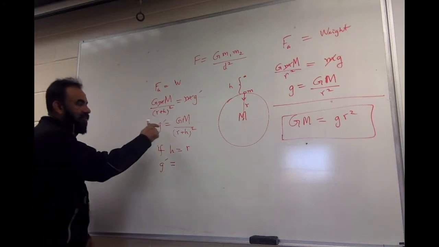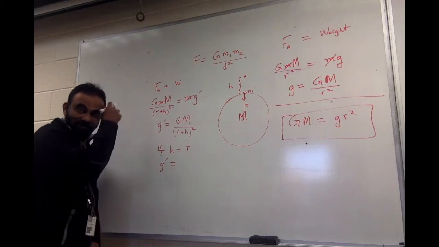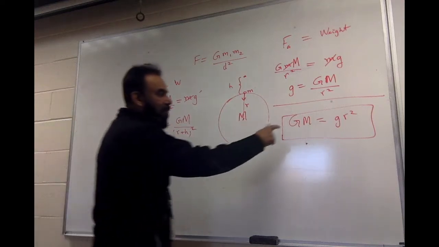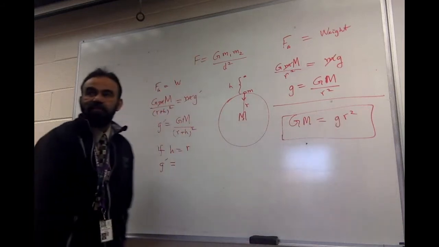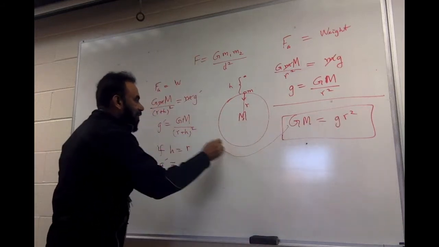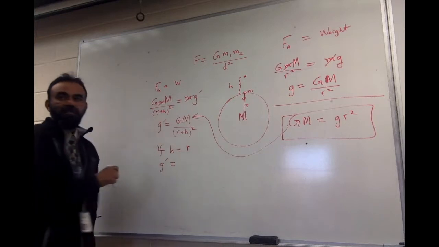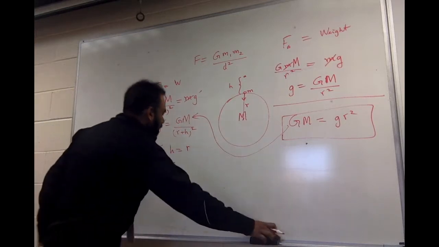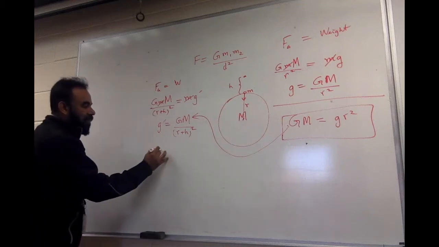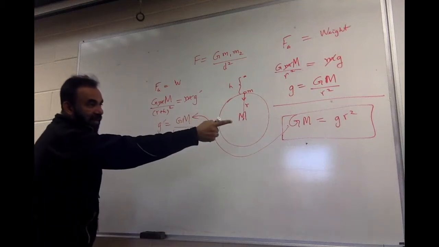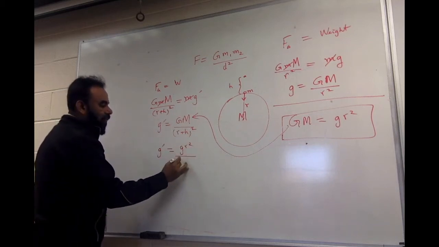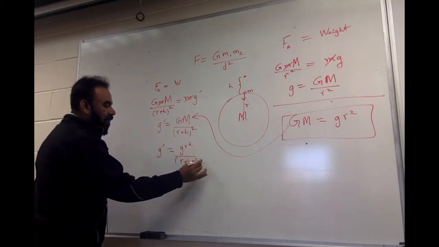So what happens? It will be GM over 4r square. Now remember, GM is gr square. So if I plug this in here, we can write one more step. So g prime, if I plug that straight over here, I get gr square over (r plus h) square.